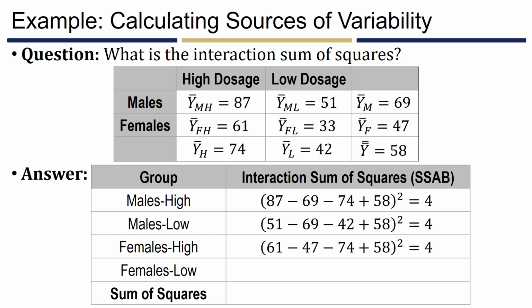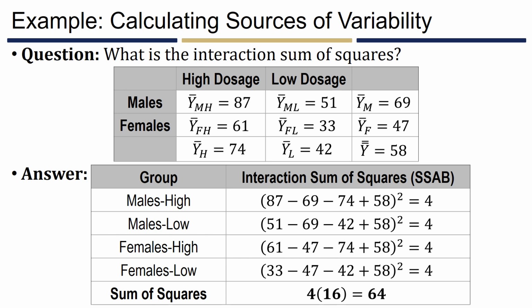For the females who were given the high dosage, we take the cell mean of 61, subtract off the average physical endurance score for the females, which was 47, further subtract off the column mean of 74, and then add on the grand mean of 58, squaring that whole thing, again gives us 4. And finally, for the females who were given the low dosage, we take their cell mean of 33, subtract off the mean for the females of 47, subtract off the mean for the subjects given the low dosage of 42, add on the grand mean of 58, square the whole thing, and we again get 4.